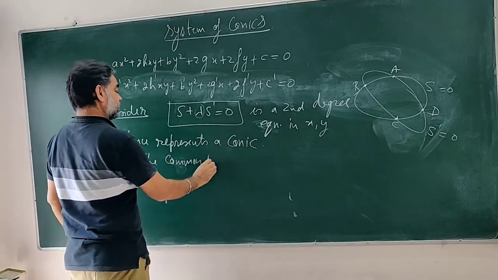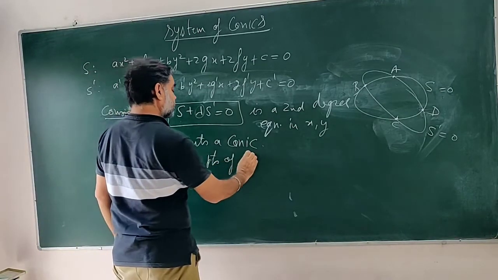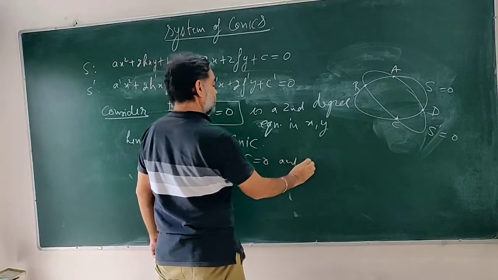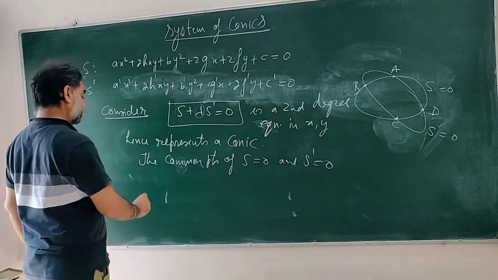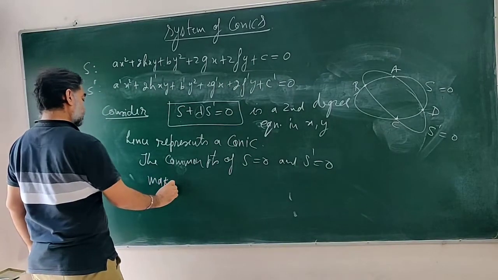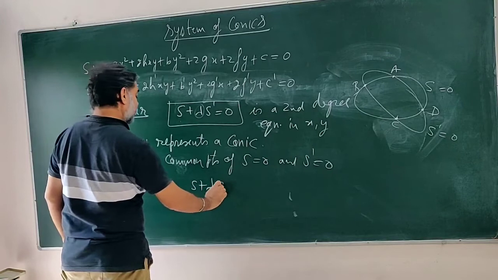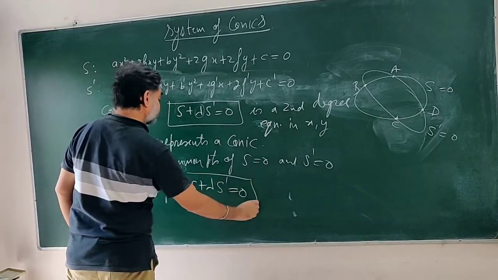The common points of S equal to 0 and S dash equal to 0 make S plus lambda S dash also equal to 0.